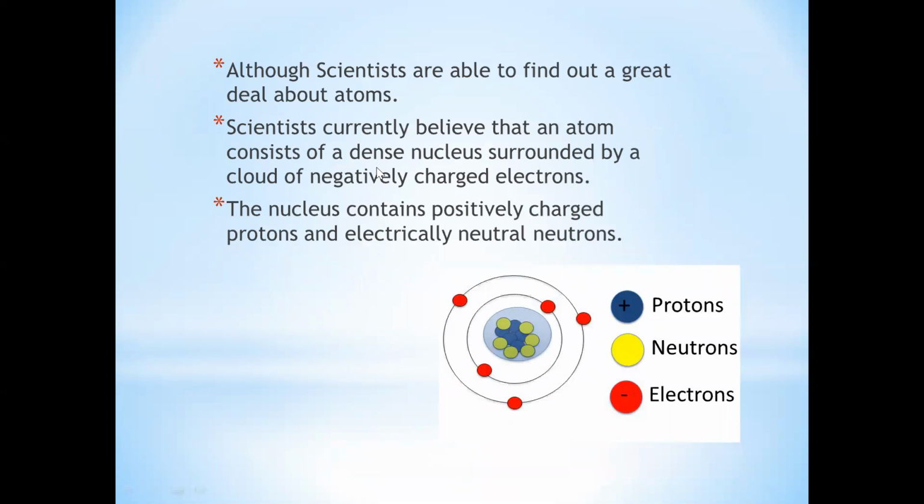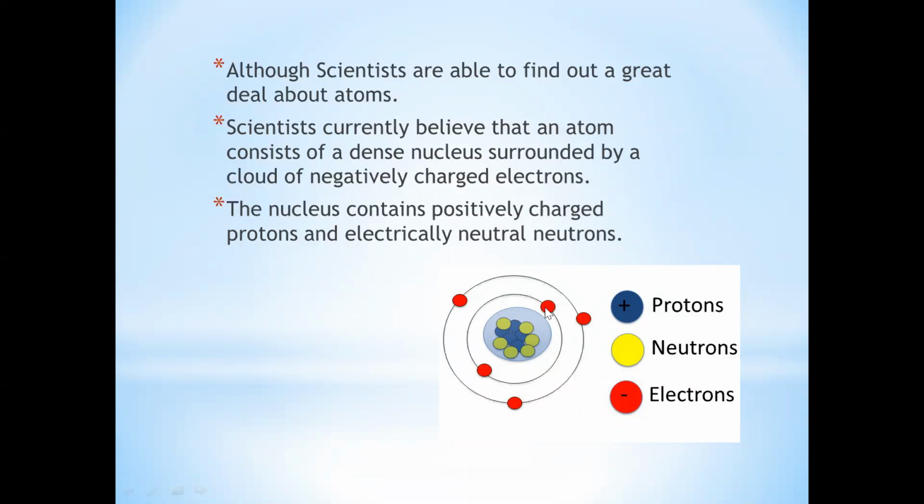So although scientists are able to find out a great deal about atoms, scientists currently believe that an atom consists of a dense nucleus surrounded by a cloud of negatively charged electrons. Now, let's have a look at this picture again.